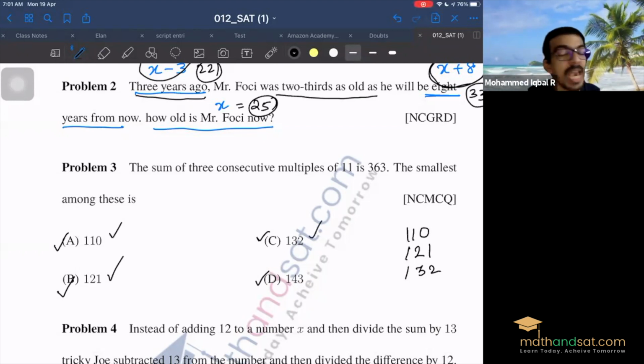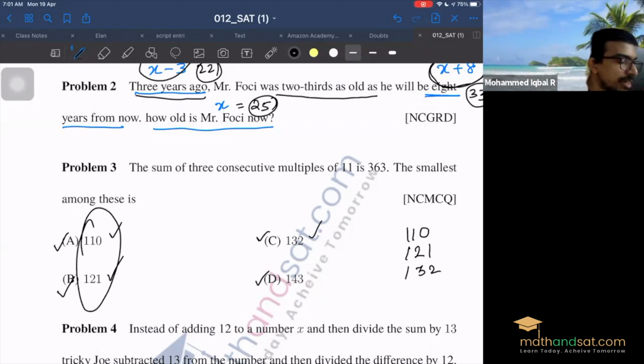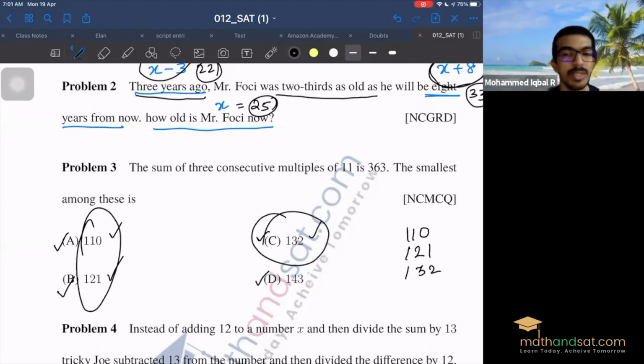So if you just glance at the numbers and add up these three numbers, these three are multiples of 11. Moreover, these three are consecutive multiples of 11. Moreover, they satisfy the condition given in the question: if you add them up, you're going to get 363. Now, without solving the question, you can get the answer. How did I figure it out? Just look at the options.